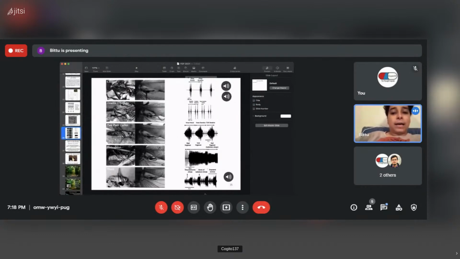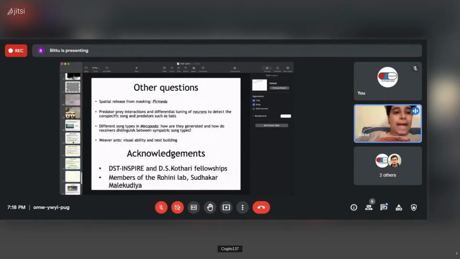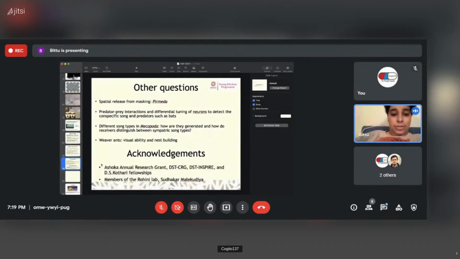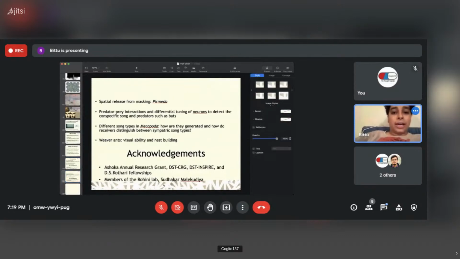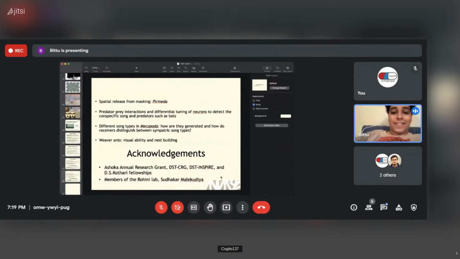And finally, I should just quickly do my acknowledgements and acknowledge the students in my lab, my postdoc lab where I first started working on this problem, and my sources of funding: the DST CRG grant, the DST INSPIRE grant, the DS Kothari fellowships, and Sudhakar, who bought the first whistlers that we used for this work.